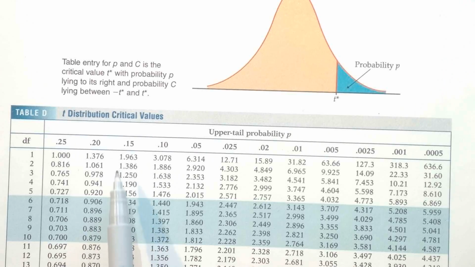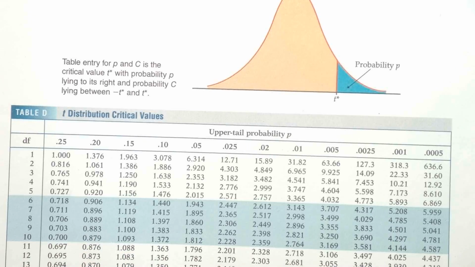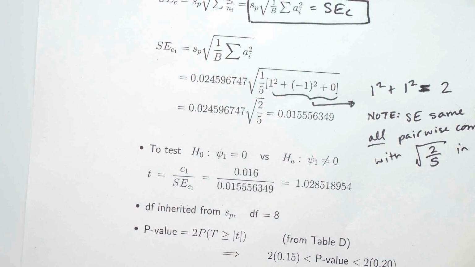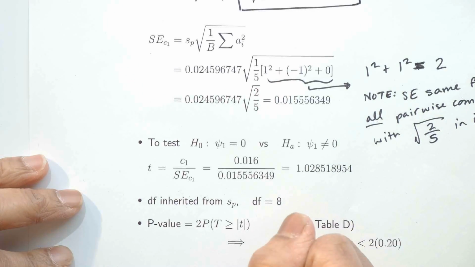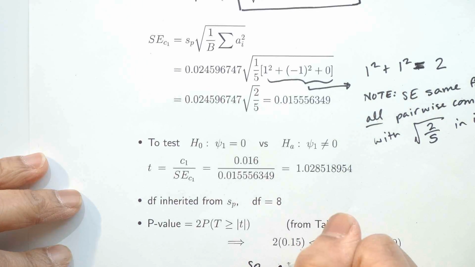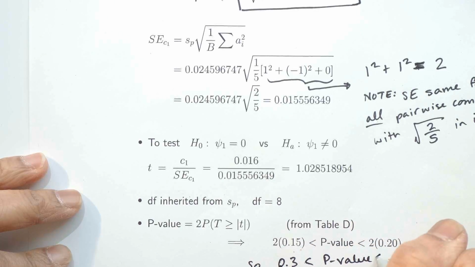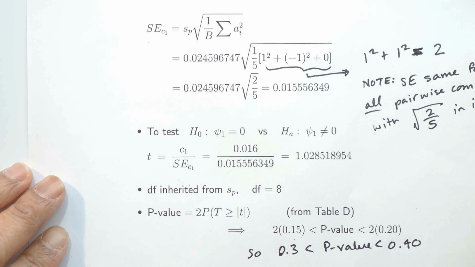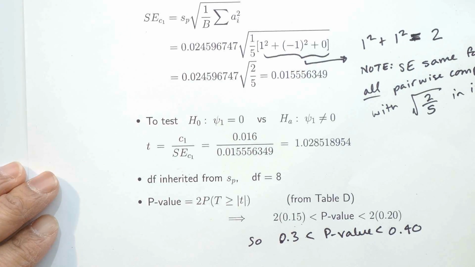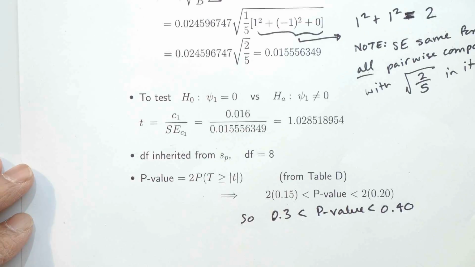So it's between 2 times 0.15 and 0.2, because this is giving the area in only one of the tails. So this is telling us that our p-value is between 0.3 and 0.4. And then clearly there is insufficient evidence to reject the null.